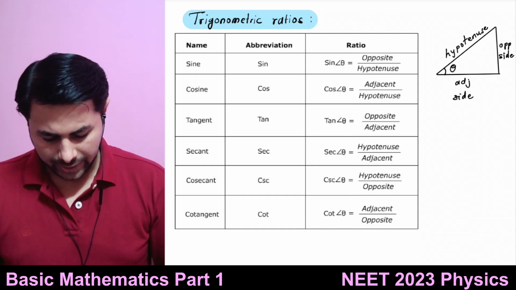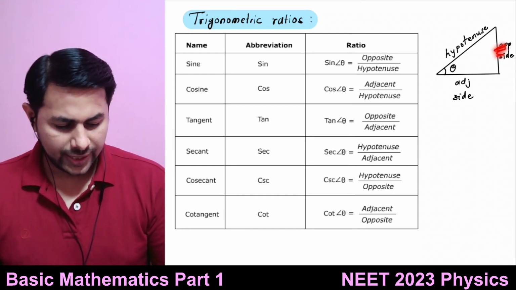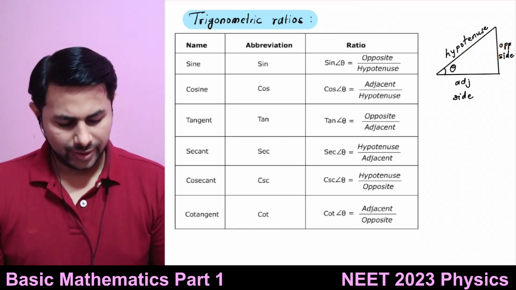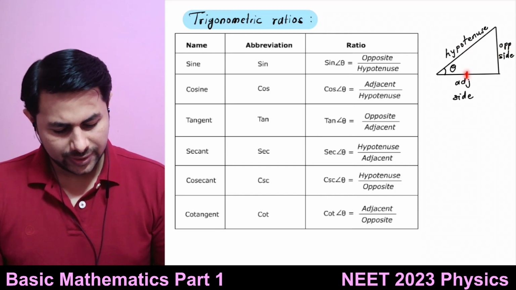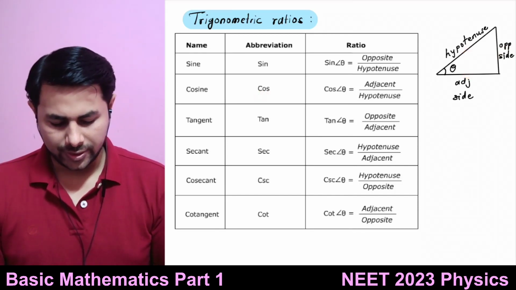The ratio of the opposite side to the hypotenuse is known as sine. The ratio of the adjacent side to the hypotenuse is known as cos, the short form of cosine.